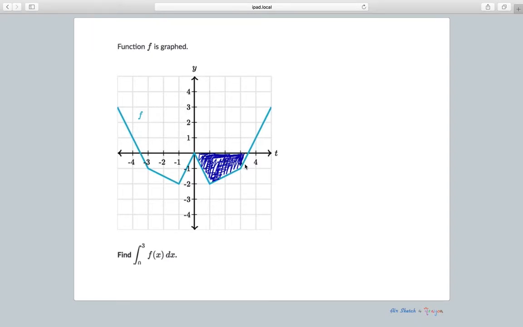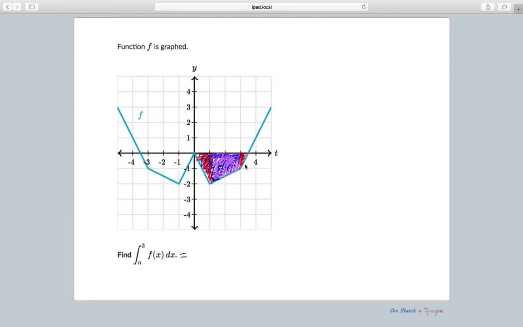So I have this triangle, and then I have this triangle, and then we have a trapezoid in the middle. And again, our final answer is just going to be negative because this is all area under the x-axis.